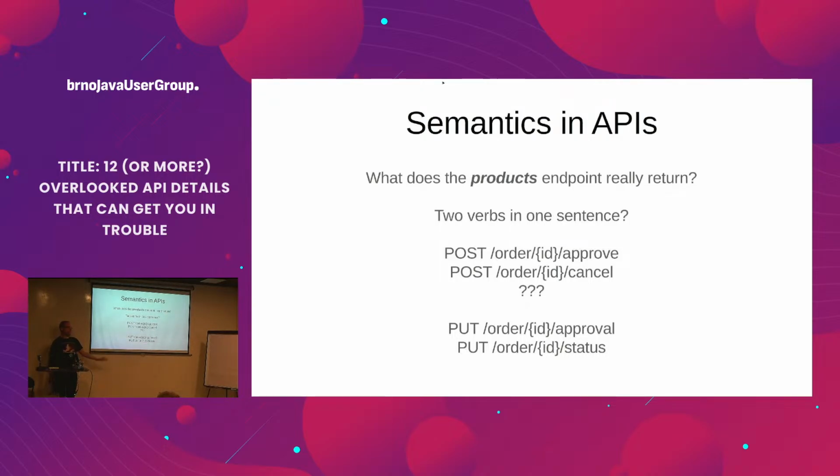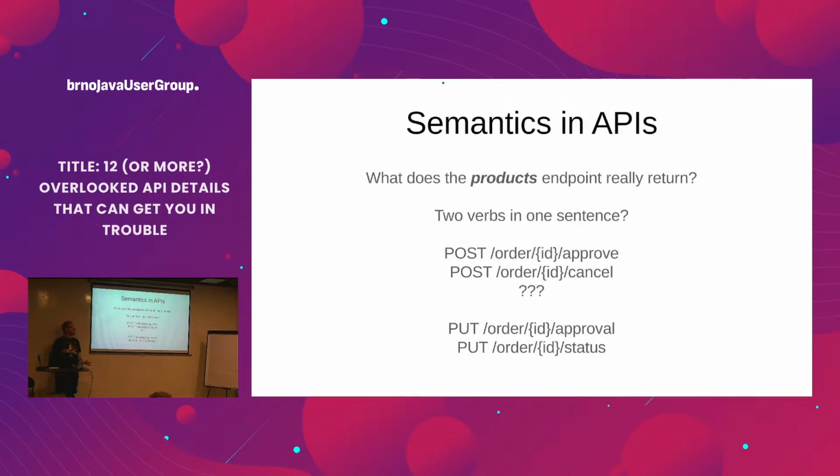And the other part says, yeah, because it's discontinued or it's not in stock. But how should I know it? So either try to put as specific names as possible, or add some clear description to your schemas or endpoints, so that you avoid some misunderstandings.